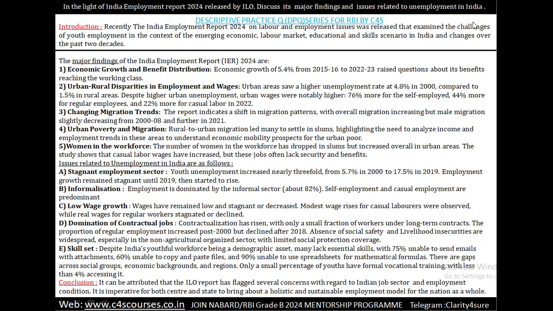Despite this higher unemployment in urban areas, the wages in urban areas are notably higher than in rural areas. So these are the specific findings of this report.